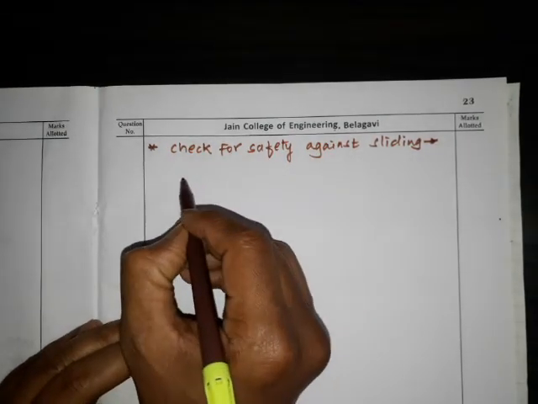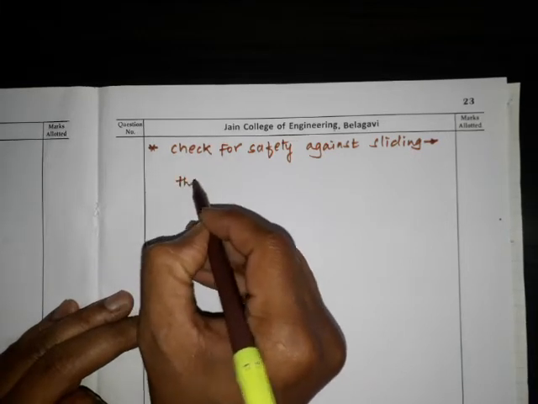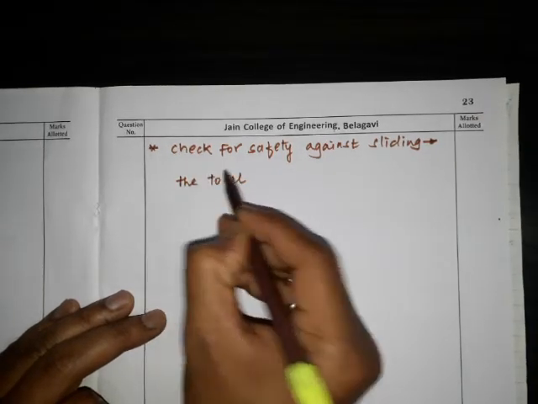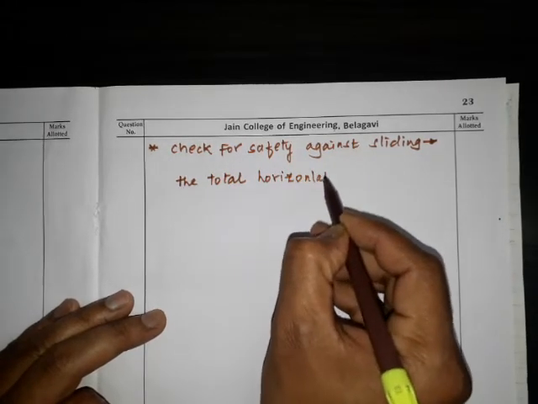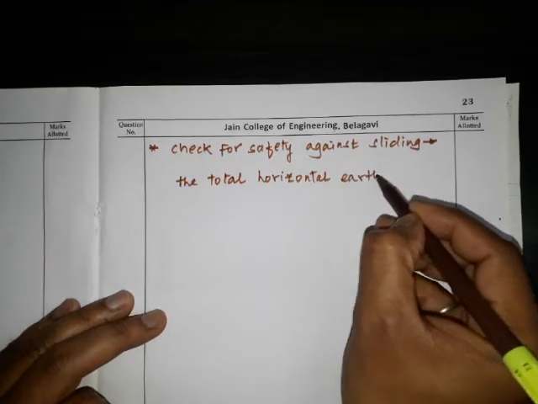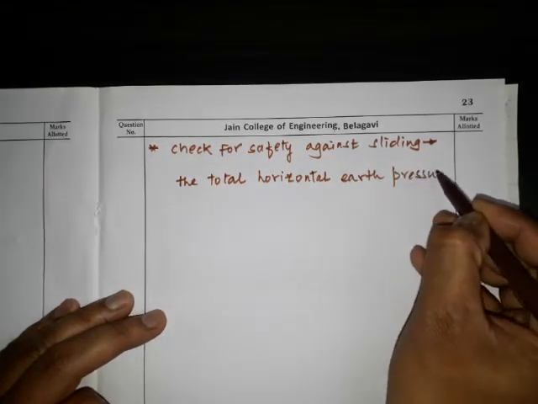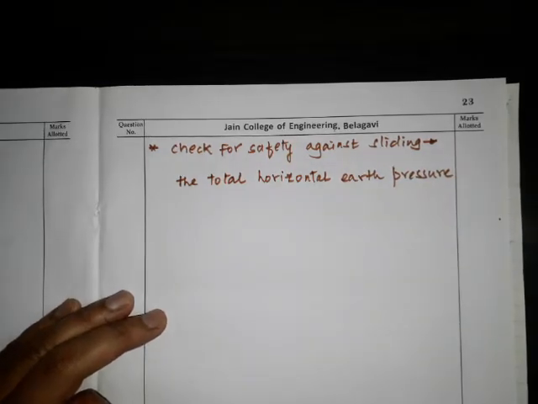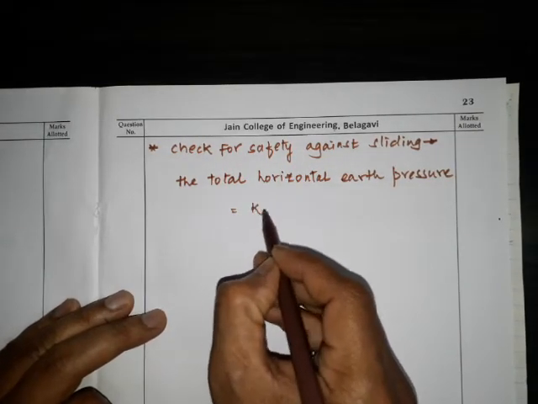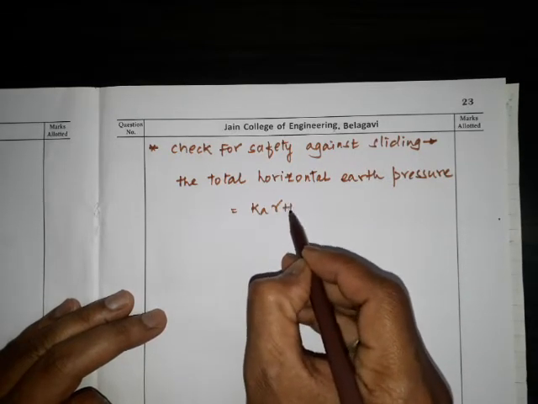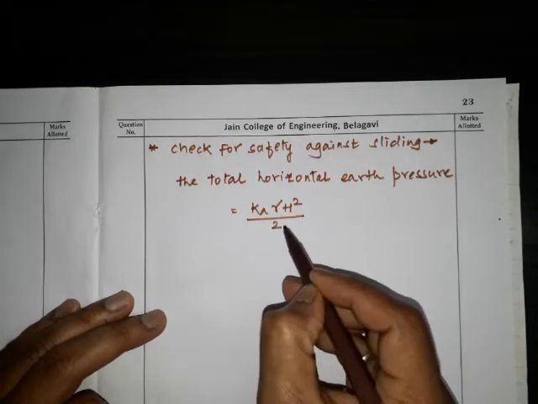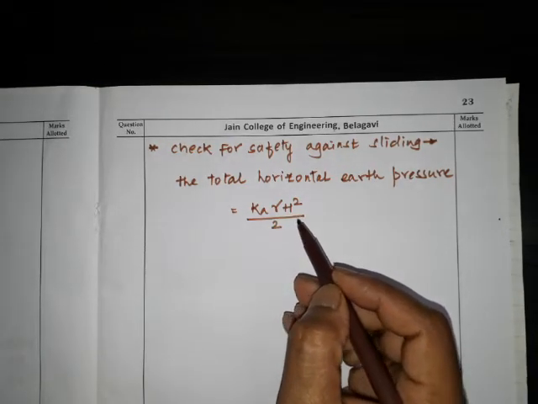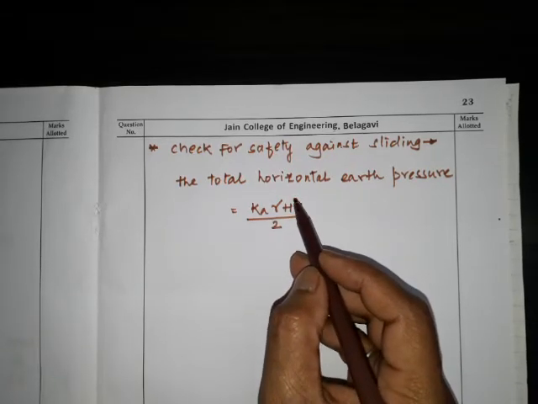Okay. So for that you have to find out first the total horizontal earth pressure, so that is again K into gamma into h square by 2. So we have to take the total height, that is half base into height, with respect to the total height of the retaining wall.